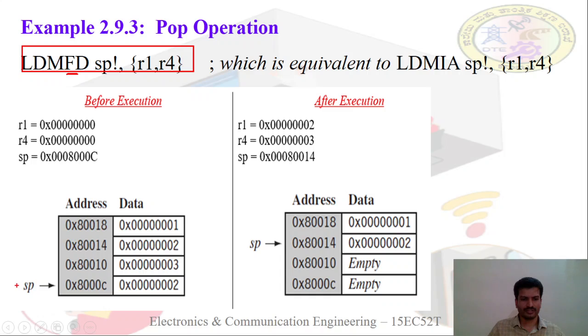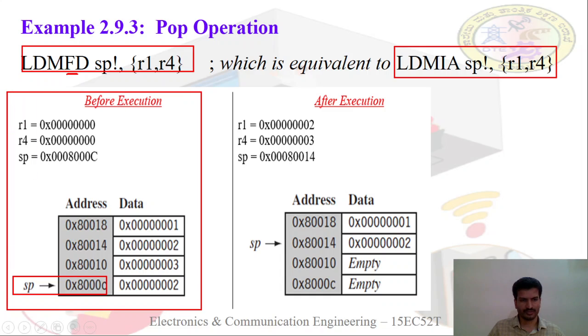Full means the stack pointer points to the last item on the stack. Descending, which is equivalent to the instruction LDM IA. So the LDM FD instruction is equivalent to LDM IA. Let us consider the initial values before execution.